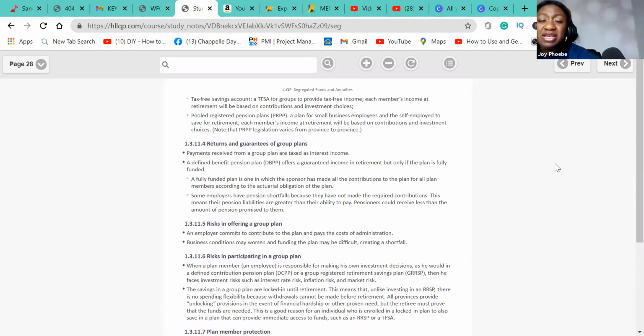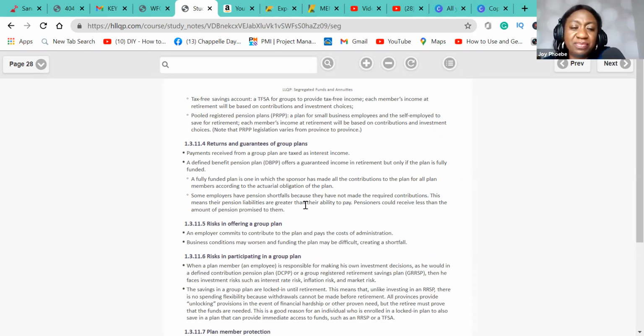Let's say you own a company also, and maybe you have 3 or 4 employees. Then the same thing, Kenny has employees. So the 3 of us can pool our companies together to form a pooled retirement plan, which is called a pooled registered pension plan.